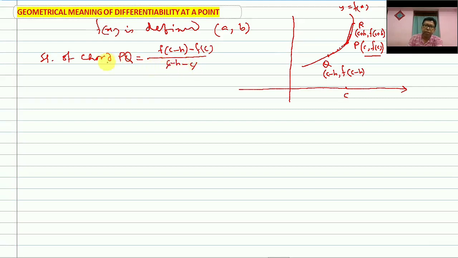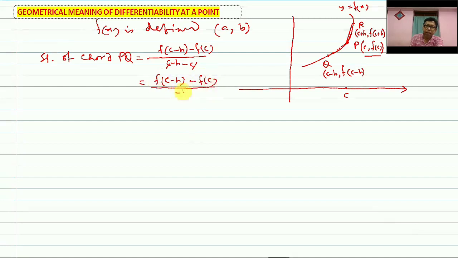Again I repeat, we want to find the slope of the chord PQ. This is your line PQ. So y2 minus y1 divided by x2 minus x1. So here f of c minus h minus f of c upon c minus h minus c. So you cancel these two c's, and you are getting now f of c minus h minus f of c upon minus h.